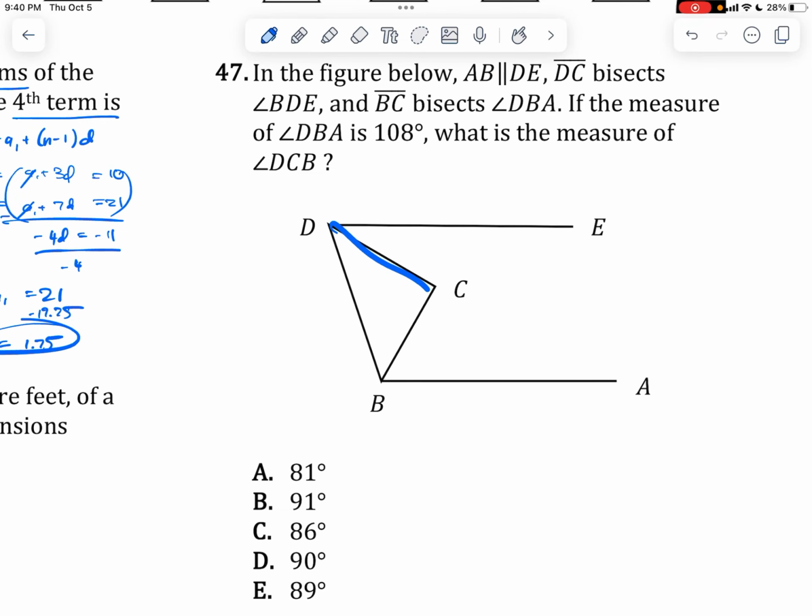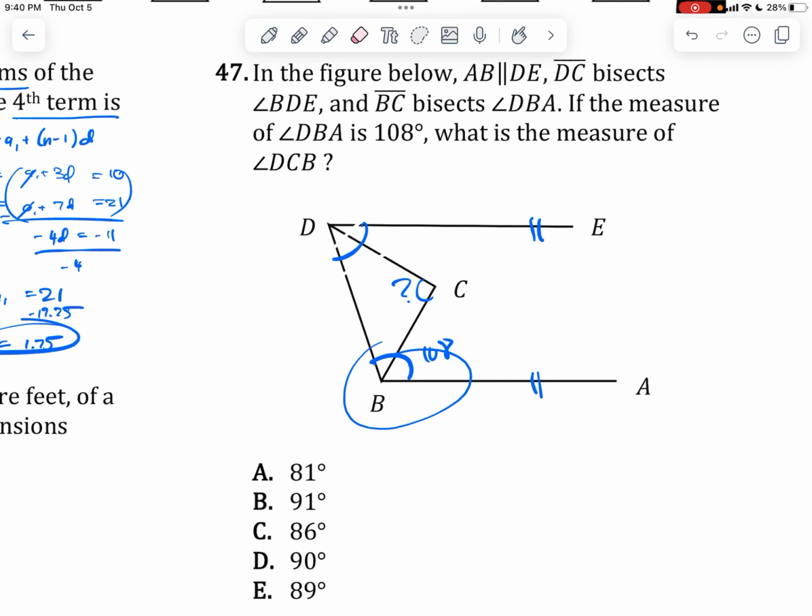DC bisects BDE. BC bisects DBA, meaning it cuts the angle in half. And if the measure of DBA is 108, what is the measure of DCB? Okay. So a few things going on. These two are parallel, which means that this angle measure here plus this one have to add up to 180.